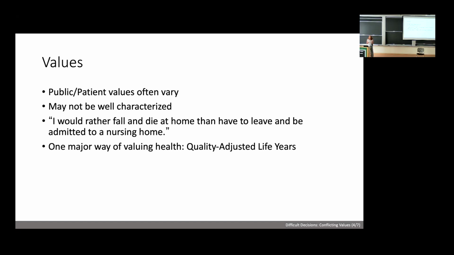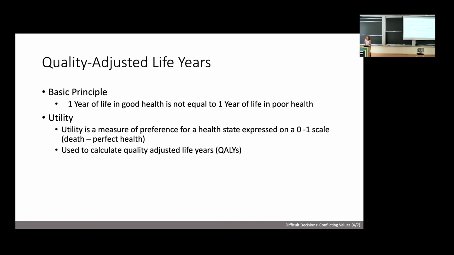And so maybe statements like, "I would rather fall and die at home than have to be admitted to a nursing home." In health, there's one major way of how we value health, and that's in terms of quality adjusted life years. So what that basically means is that 1 year of life in good health is not the same as 1 year of life in poor health.